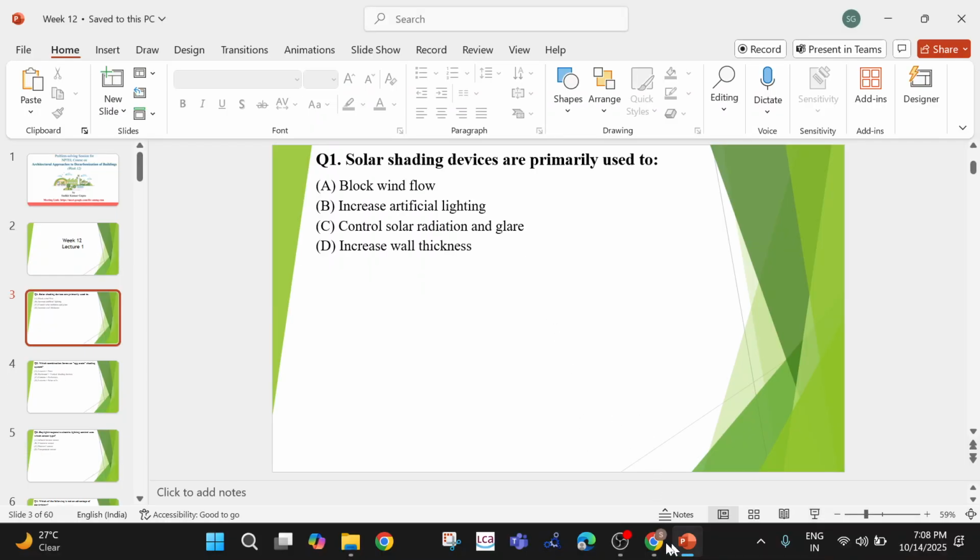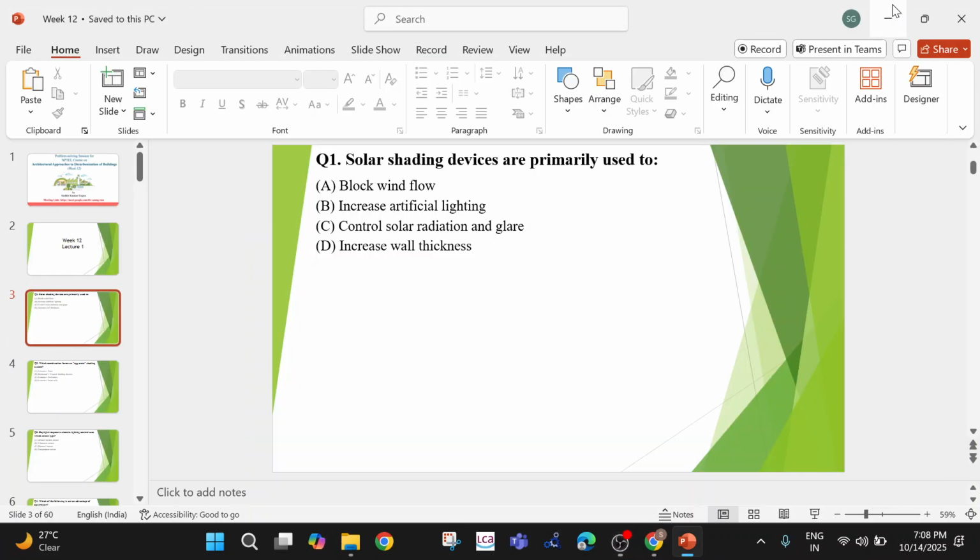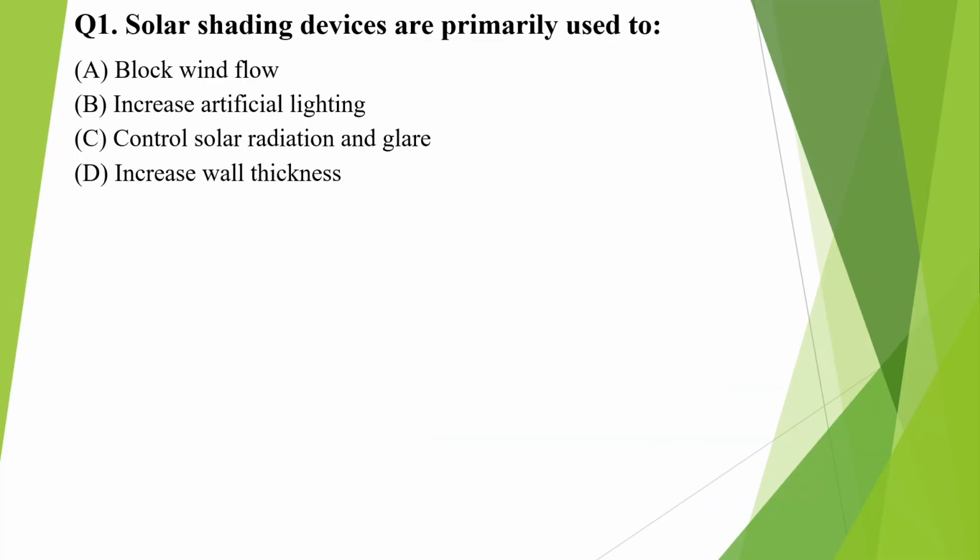And once everyone completes their answer, we will discuss today's first question. Others also give your answers for question number 1. Whoever knows the answer can mark their answers.